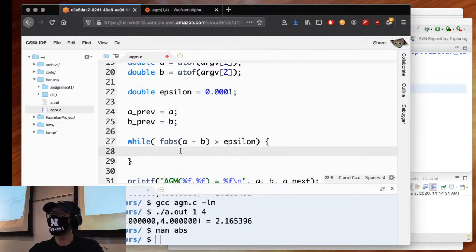Let's go ahead and update A and B. A should be equal to the arithmetic mean of A and B, but the previous values. So A previous plus B previous divided by 2. Is there going to be integer truncation issues here? This is a double, we're good here.